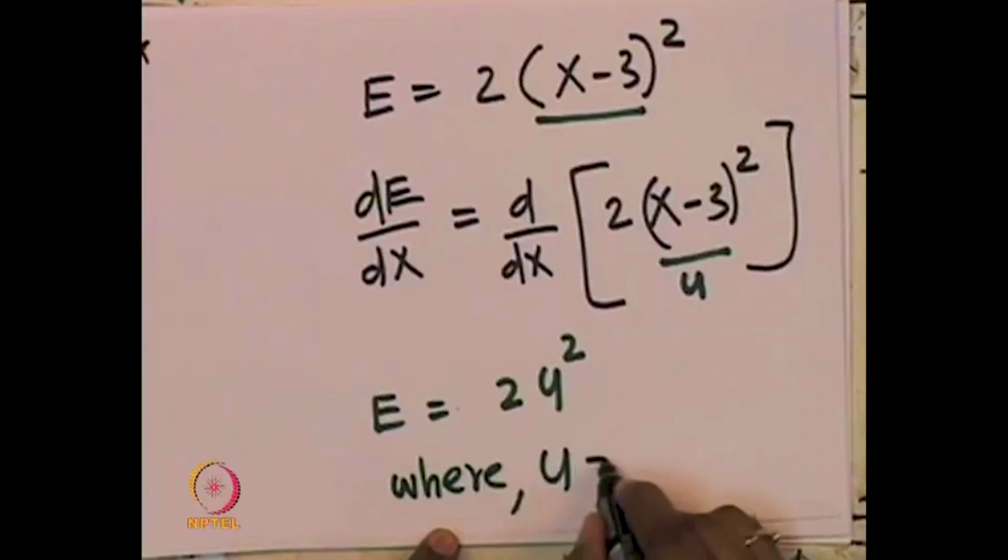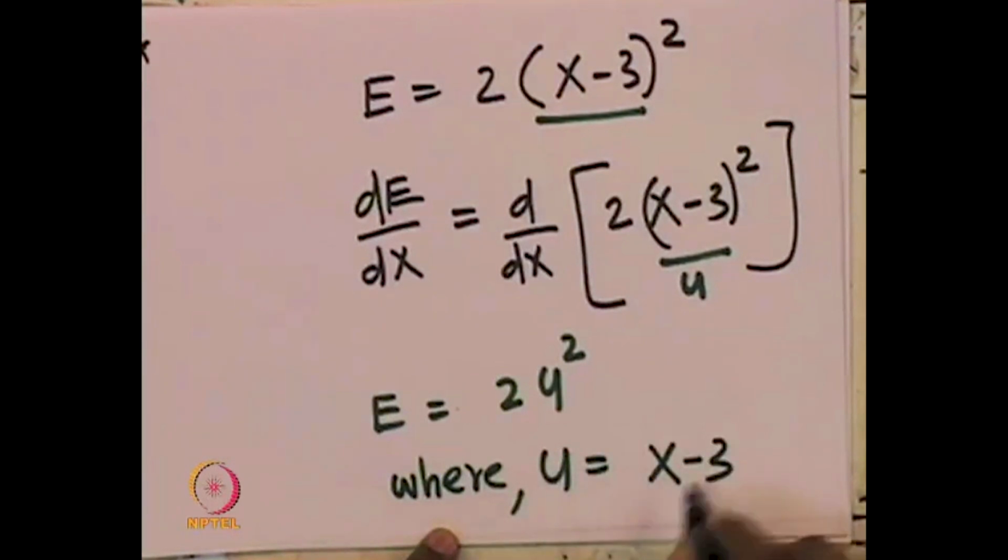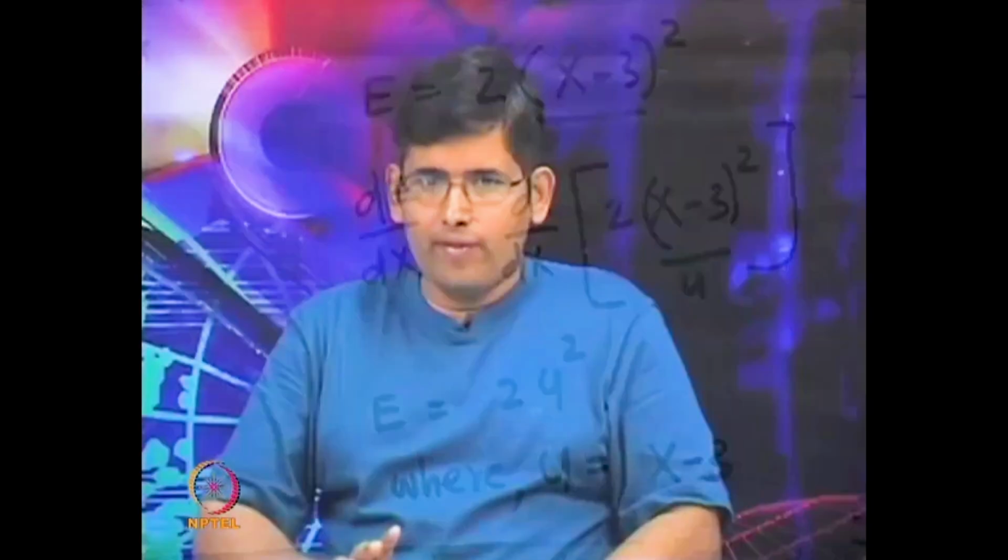Now what we want to find out is the derivative of u square. Here u is a function of x, u is x minus 3.